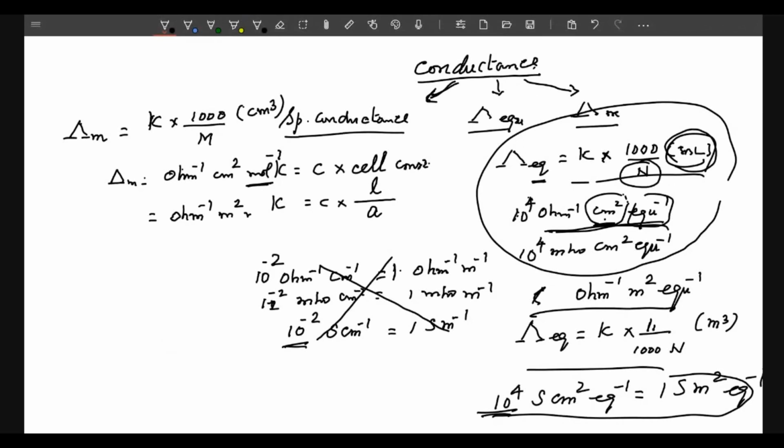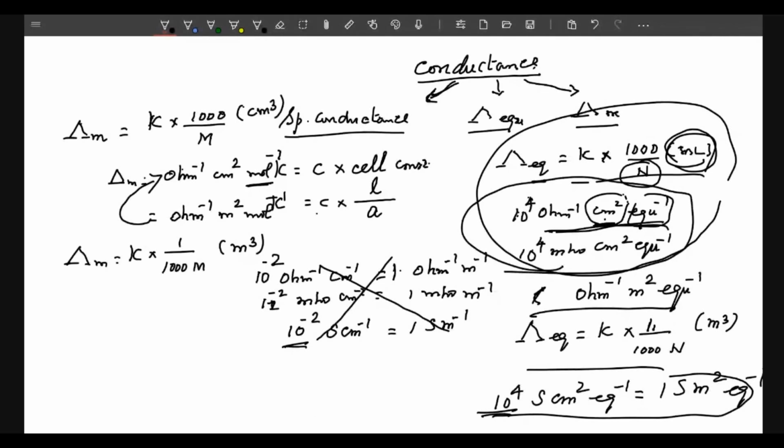Therefore, you can also calculate in terms of meter square per mole. In such cases, the lambda m equation would be kappa into 1 by 1000 into molarity, if the volume is given in meter cube. And here also one unit can be converted into another, making use of the same relation as we have given for the equivalent conductance.